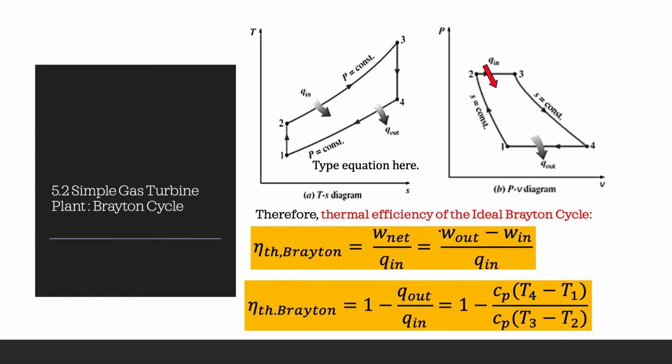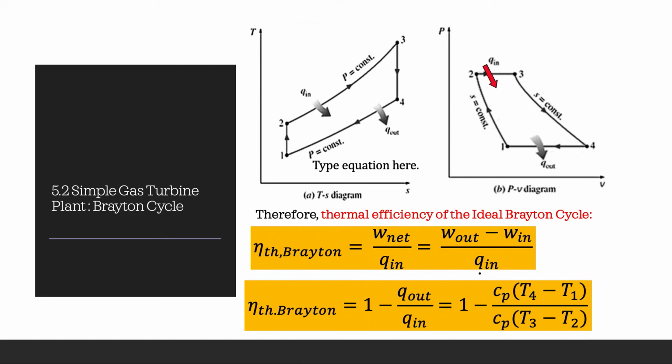Therefore, the thermal efficiency of the Brayton cycle, familiar from the Rankine cycle, is W net over Q in, and W net is W out, which is W of the turbine, minus work in, W of the compressor, divided by Q in.